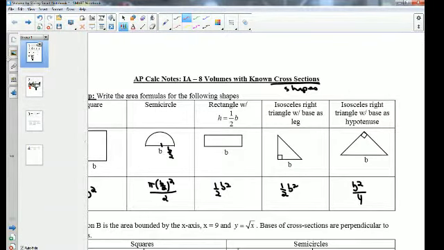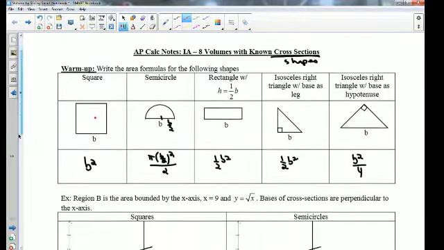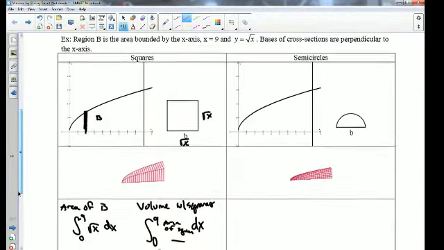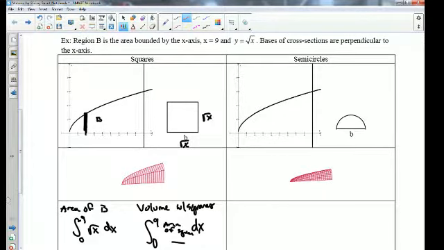All right, semicircles. They're just half. We already did the area for this in our warm-up, right? It was pi times b over 2 squared over 2. Now we have to put that in terms of square root of x.